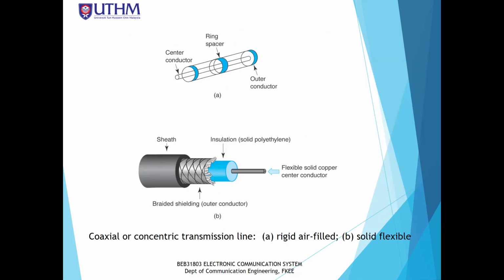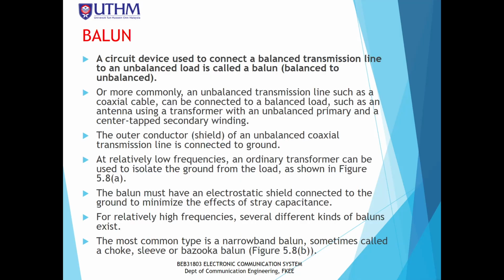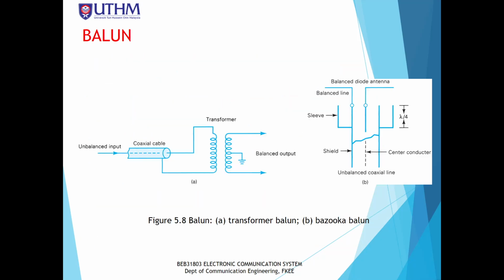Another example of an unbalanced transmission line, so this is a picture of an unbalanced transmission line. And then we have the balun, a circuit or device used to connect the balanced transmission line to an unbalanced load. The name balun means balance to unbalance. There are many types of balun.